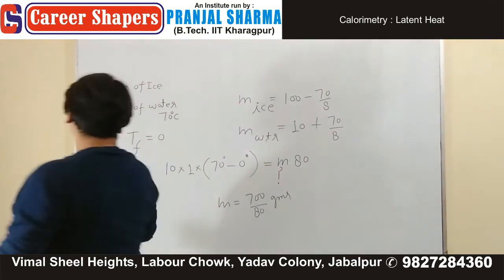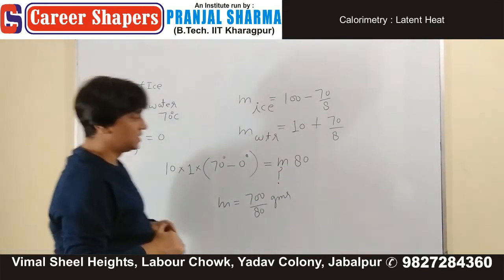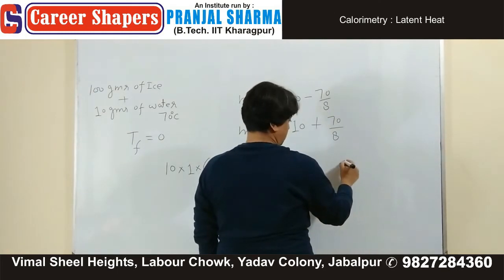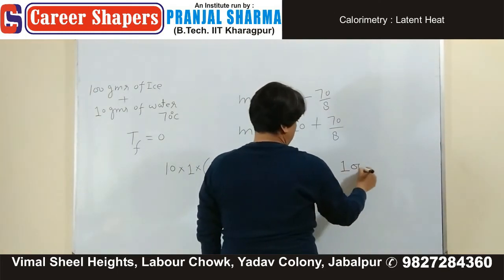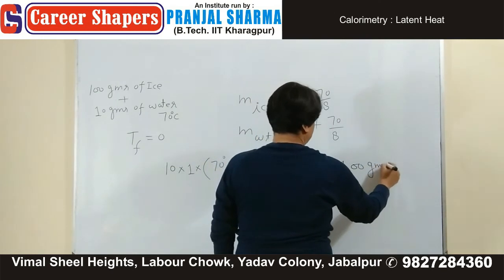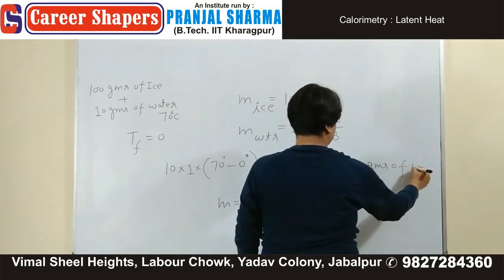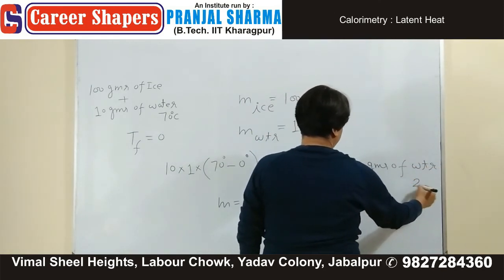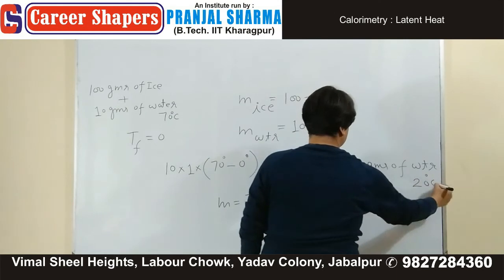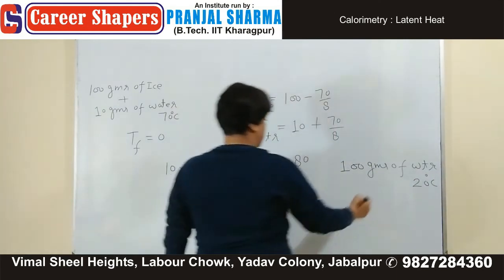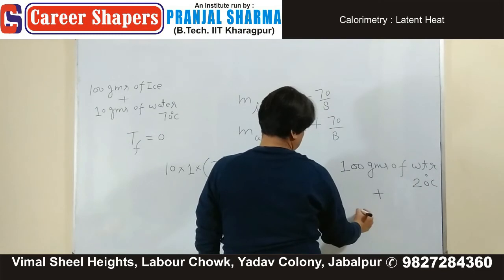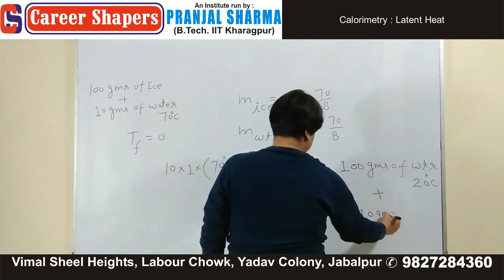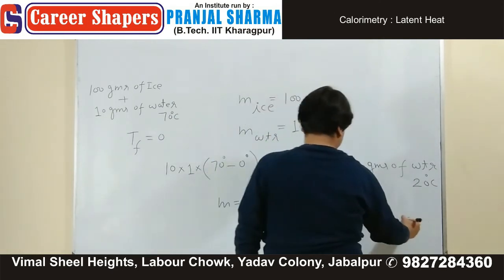Note down this and then answer this. 100 grams of water, 20 degrees Celsius, is mixed with 10 grams of steam.